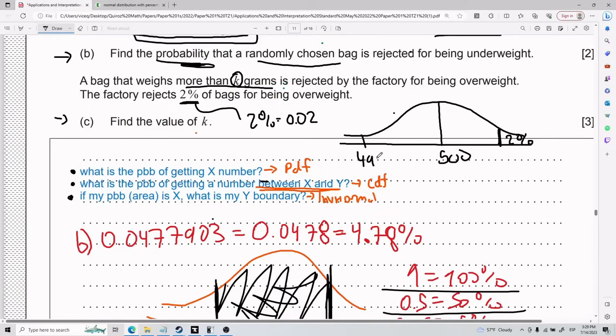Something is wrong. Well, this is where it gets super interesting. You need to understand what you're asking your calculator.